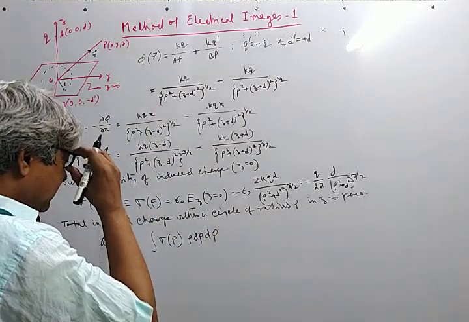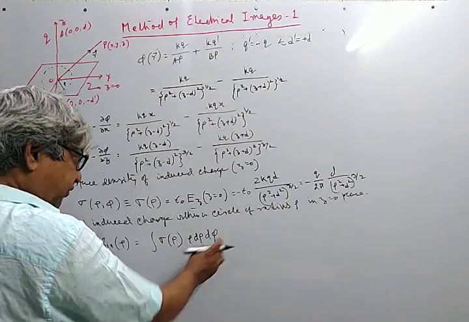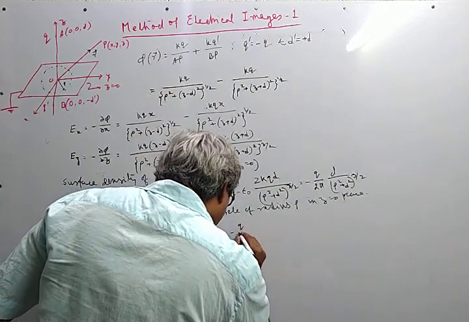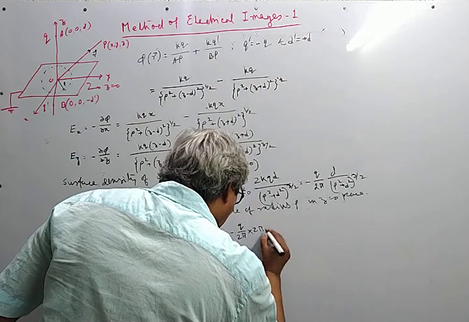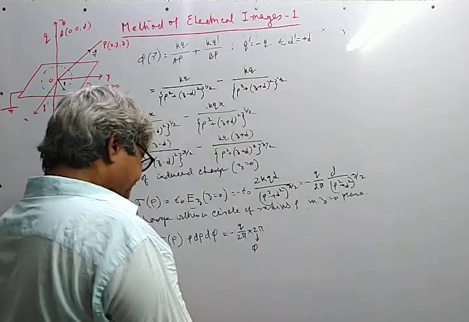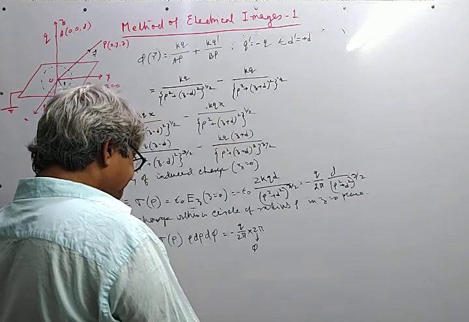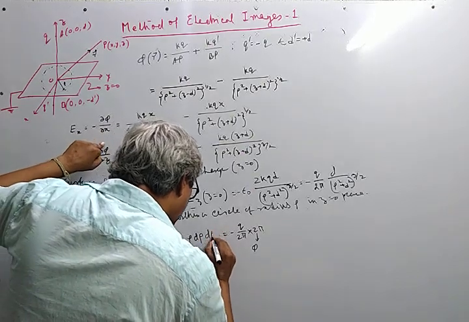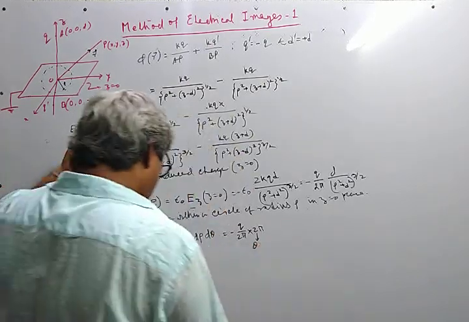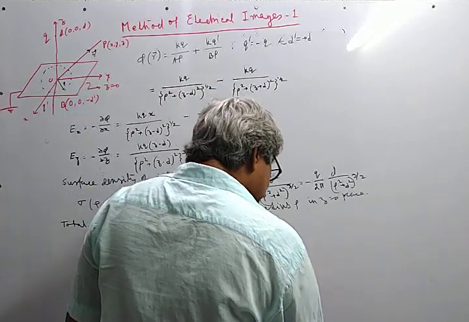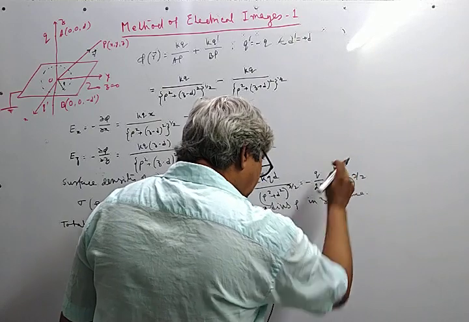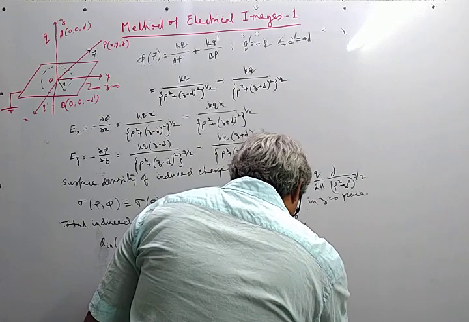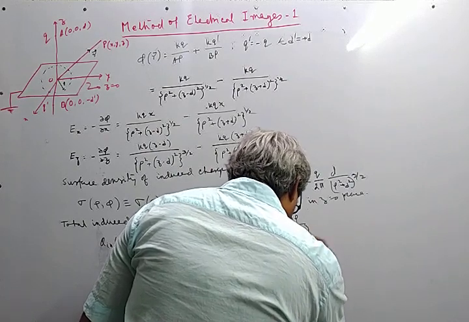Since it is not dependent on phi, the phi integration will give you simply 2 pi. So the quantity is q upon 2 pi times 2 pi, from the phi integration. This phi is not, so let me write it theta, the angle. Our remaining part is q d, and the remaining part is rho d rho by (rho square plus d square) to the power 3/2.